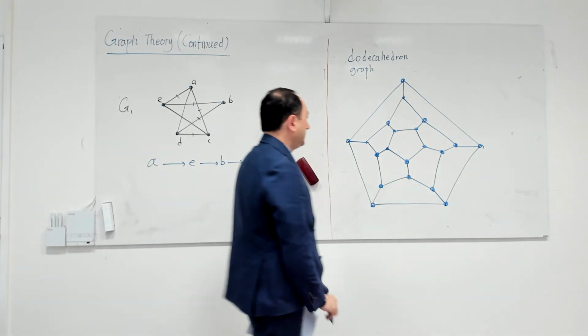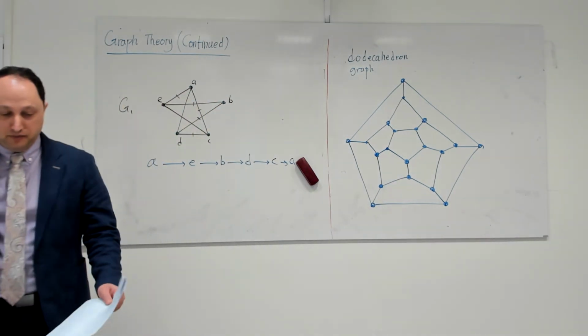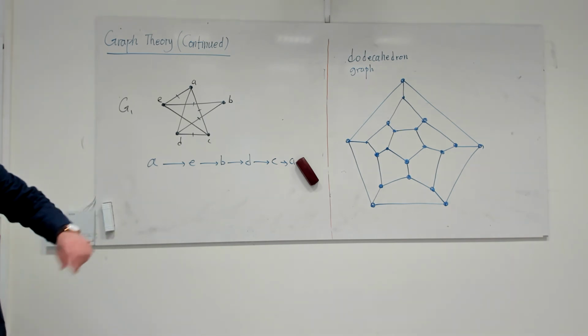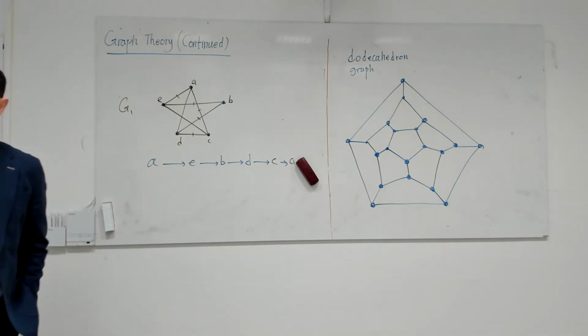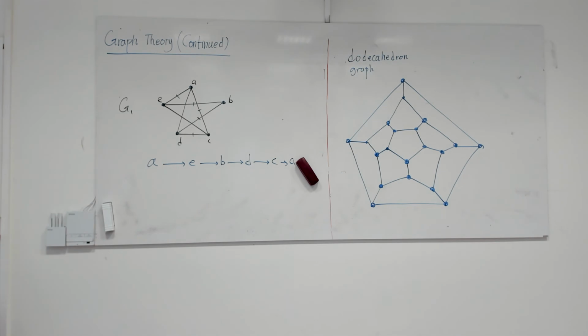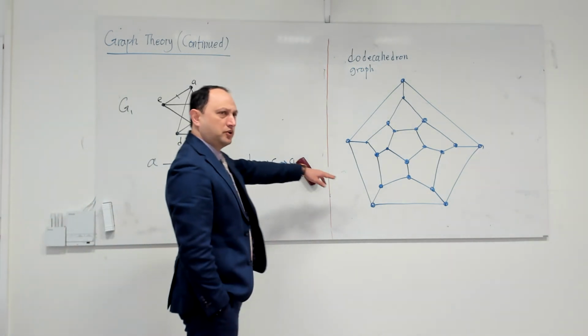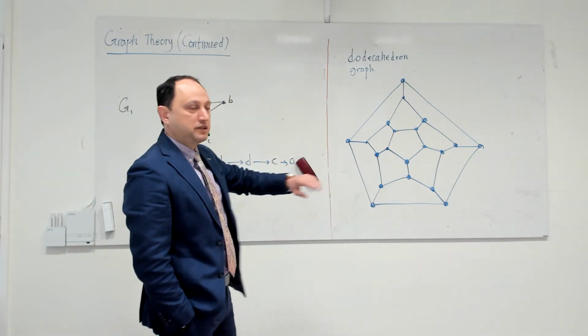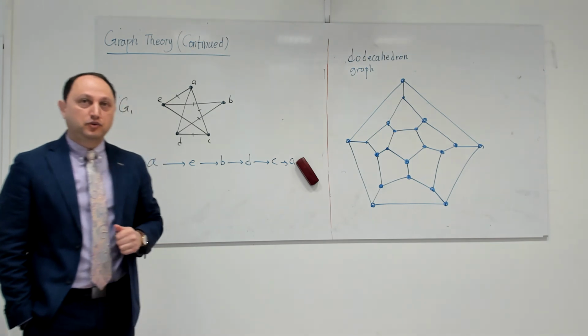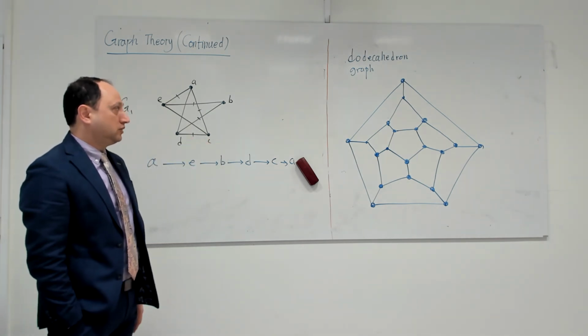So, for example, this would be your homework: is it Hamiltonian or not? I think that's a good exercise, and I think it's also in the book. You can find a better picture of this graph in the book to see if it is Hamiltonian or not.